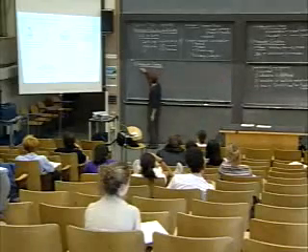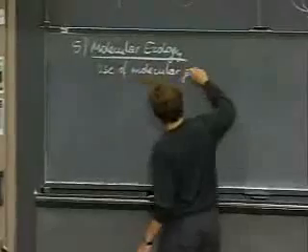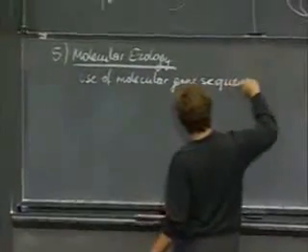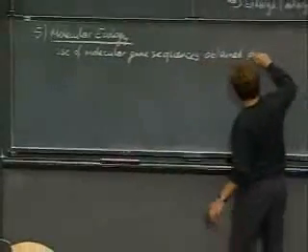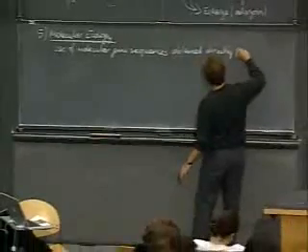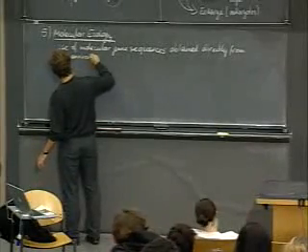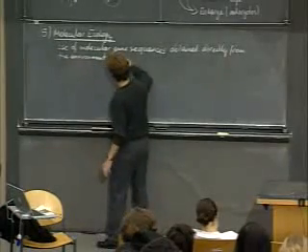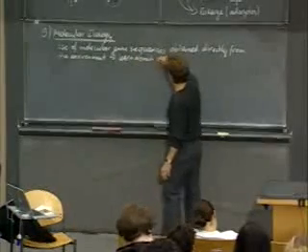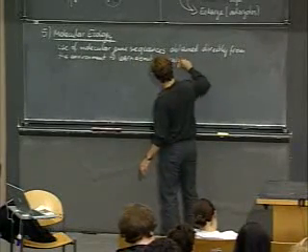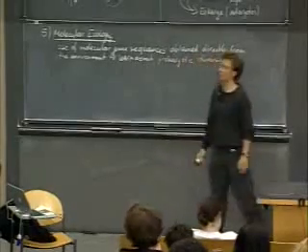So molecular ecology is really the use of molecular gene sequences obtained directly from the environment to learn about the prokaryotic diversity out there.